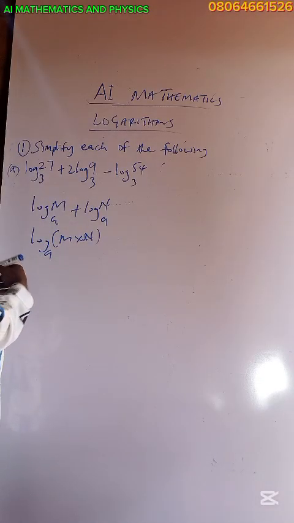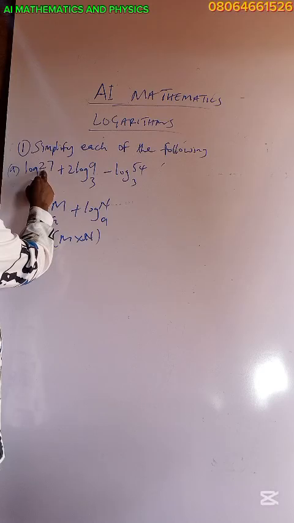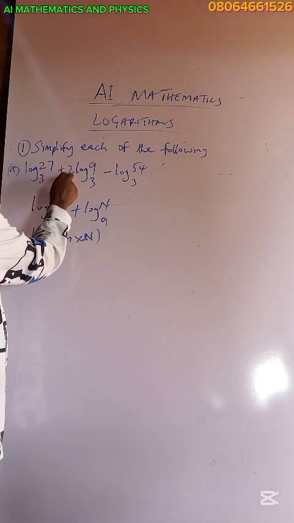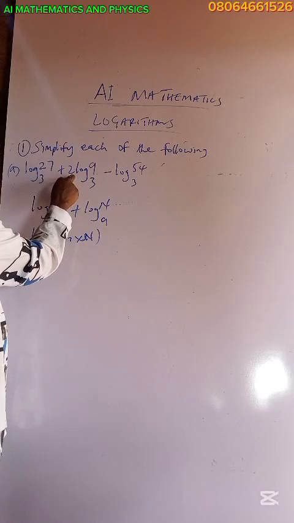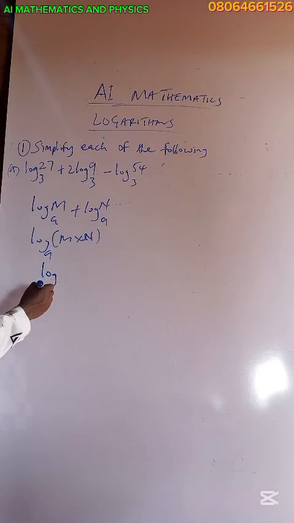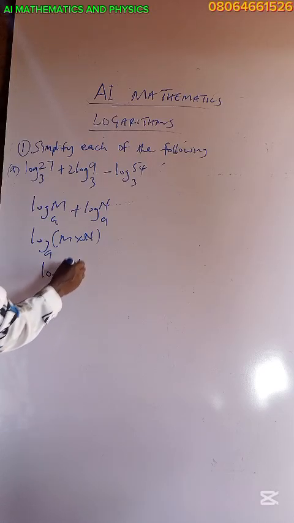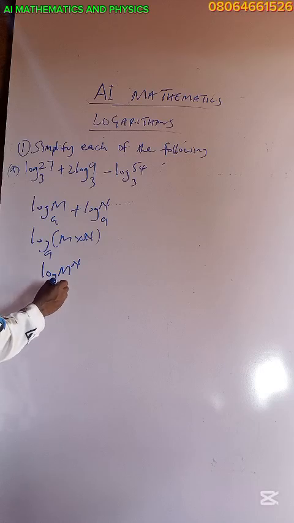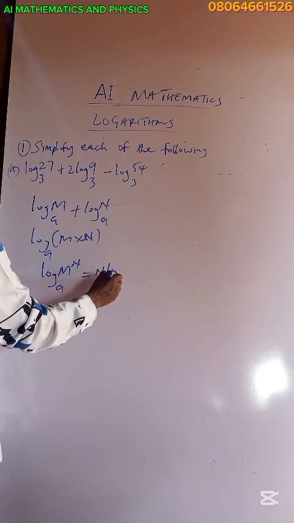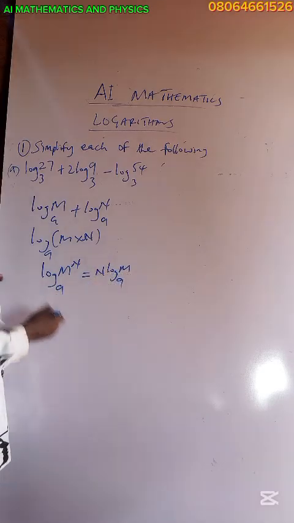But you cannot just multiply 27 and 9 because the 2 in front of it is an obstacle that we have to remove. There's still another rule that governs it: if you have log m raised to power n base a, it's the same as n log m base a.